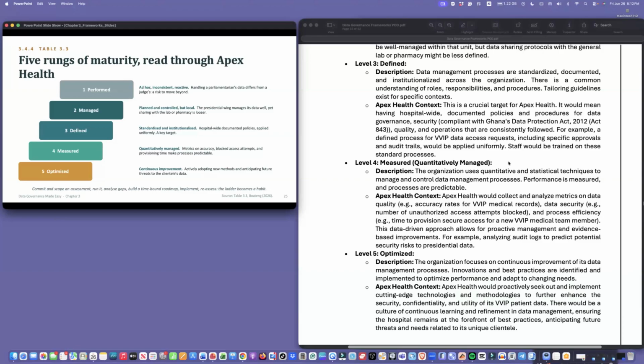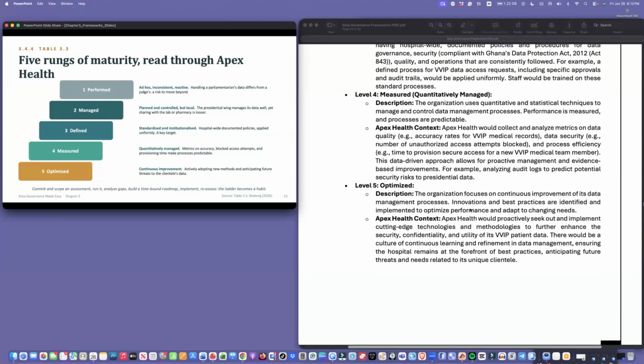The last level is the optimized level, where you become a transformed organization which is seamless in healing itself. What it means is that there are protocols to make sure that you are continuously improving your data management processes. So you have metrics, you do your audit, and with the audit outcomes you implement and address the gaps.